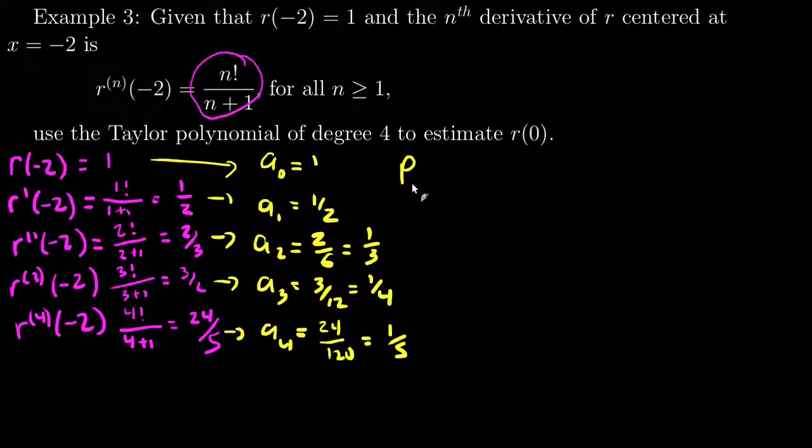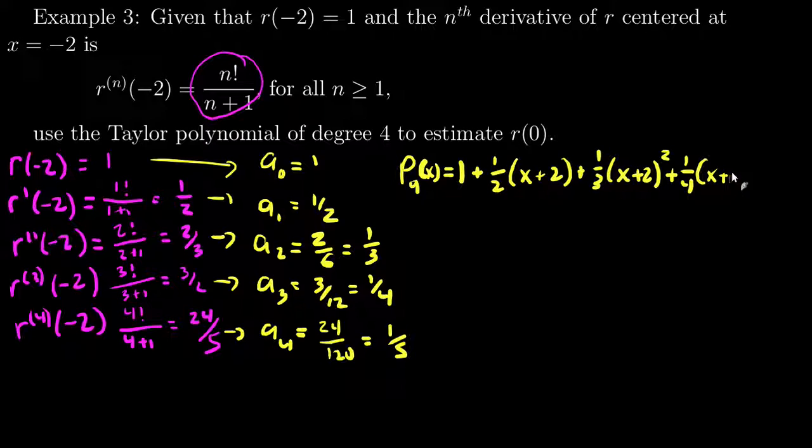So my fourth degree Taylor polynomial is equal to 1 plus 1/2 x plus 2, because it's minus negative 2, plus 1/3 x plus 2 squared plus 1/4 x plus 2 to the 4th plus, I'll put it down here, 1/5 x plus 2 to, did I miss something?